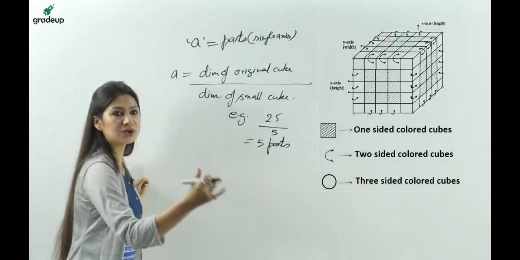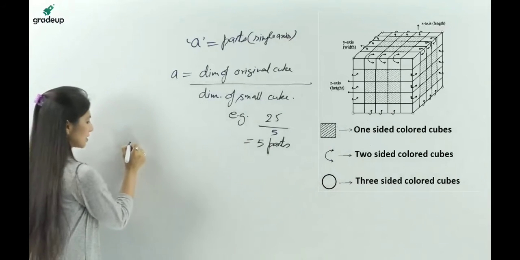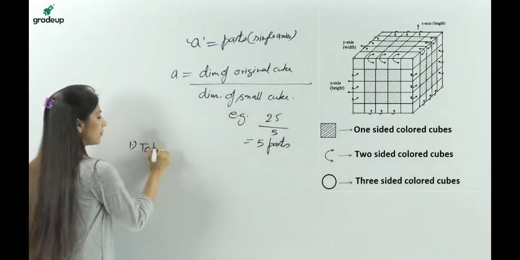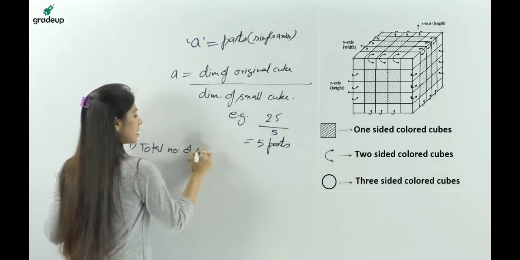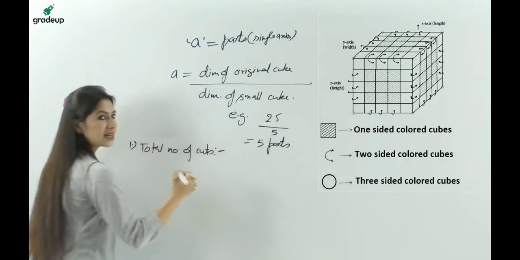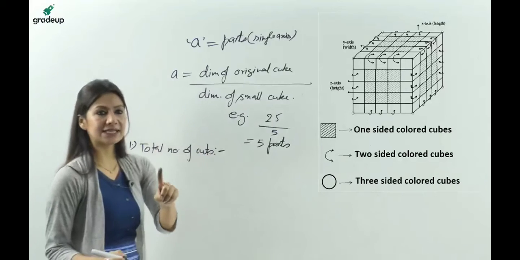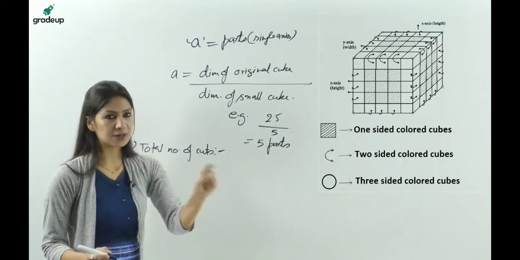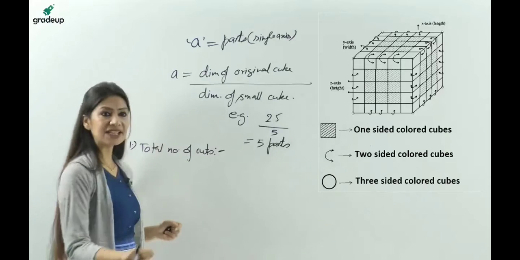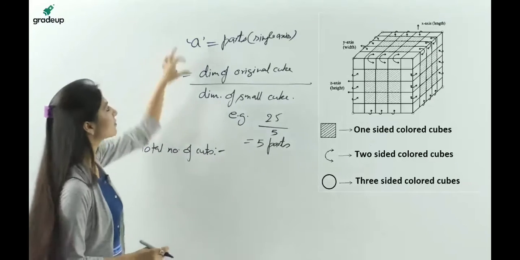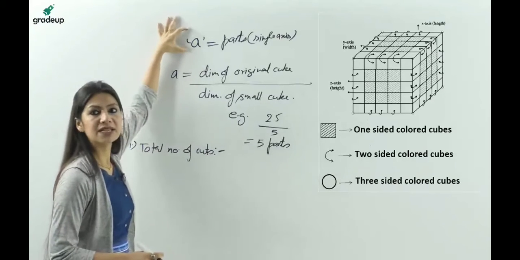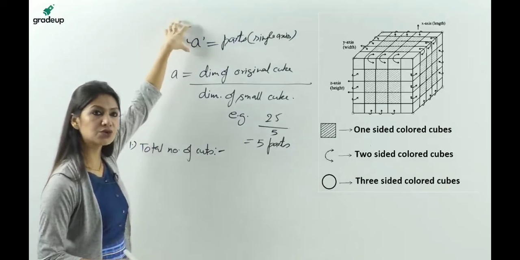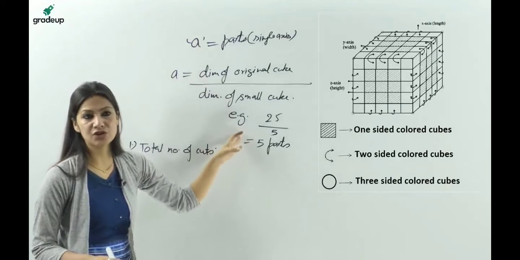It's 5 parts. So the very first question is the total number of cuts required. The total number of cuts in a single axis is 1 less than the number of parts in that particular axis. So in generalized form, I denoted the parts with the variable A, whose value always depends on the dimension given in your question.